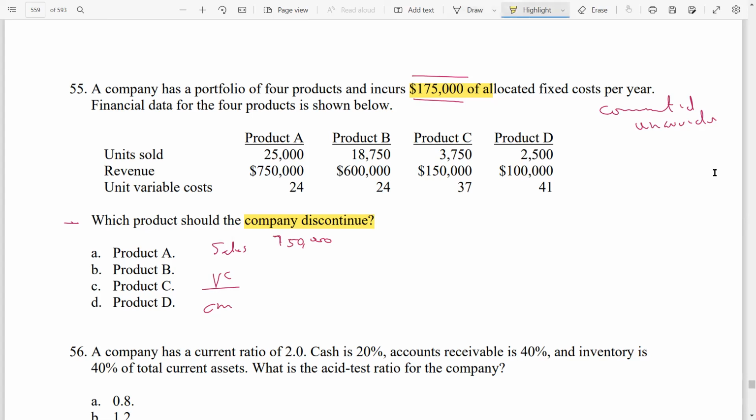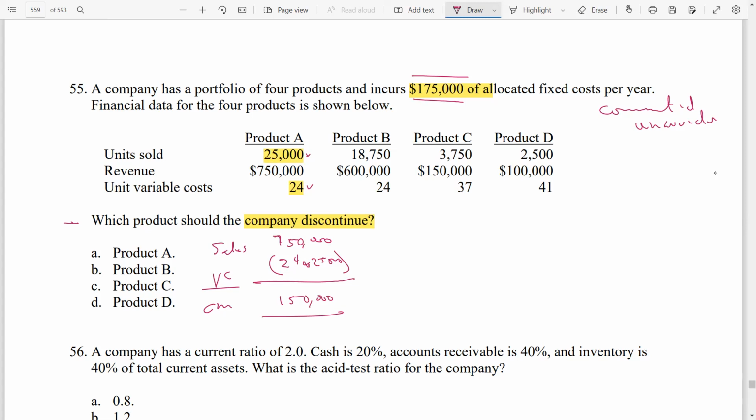The variable cost is 25,000 multiplied by 24. So that is our variable cost. Now our contribution margin will give us 150,000.